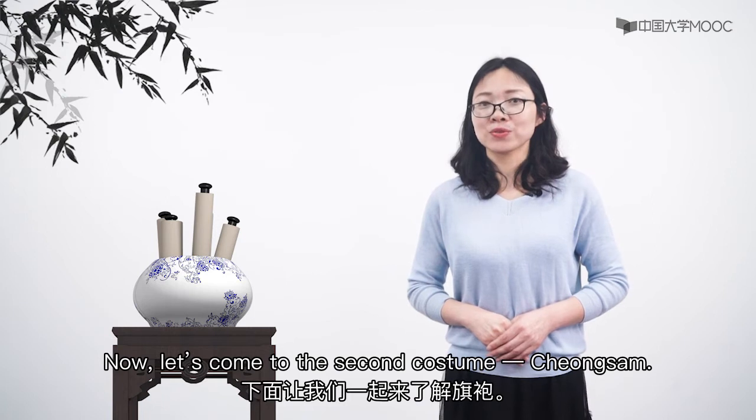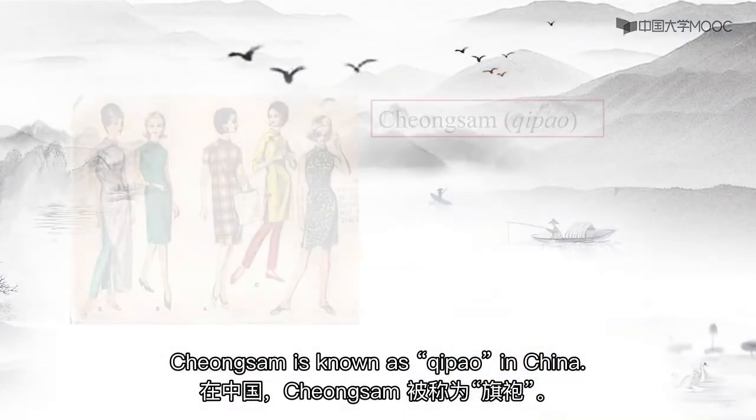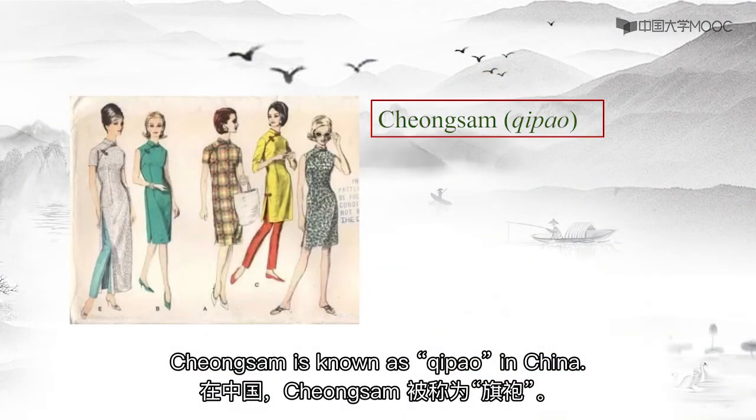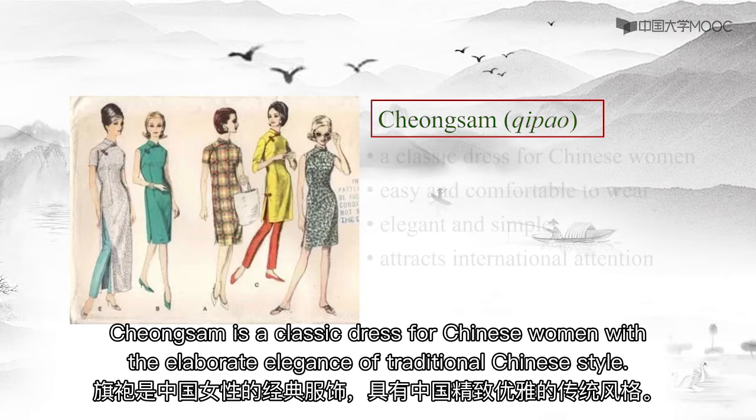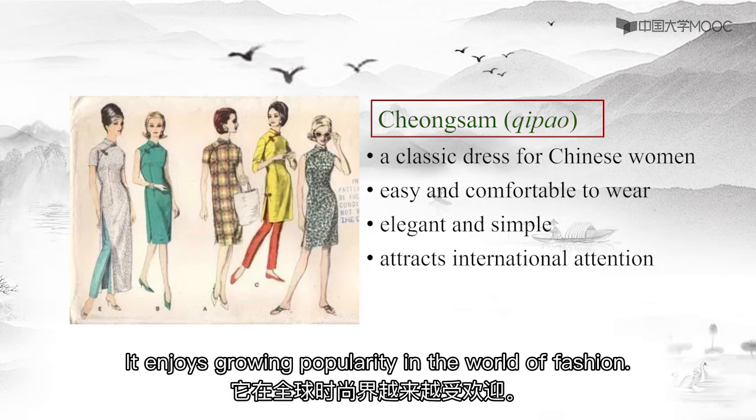Now, let's come to the second costume, cheongsam. Cheongsam is known as qipao in China. Cheongsam is a classic dress for Chinese women with the elaborate elegance of traditional Chinese style. It enjoys growing popularity in the world of fashion.